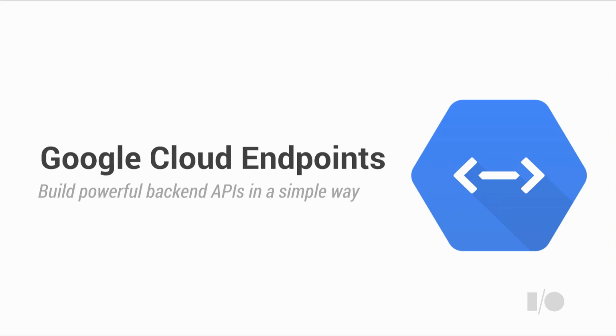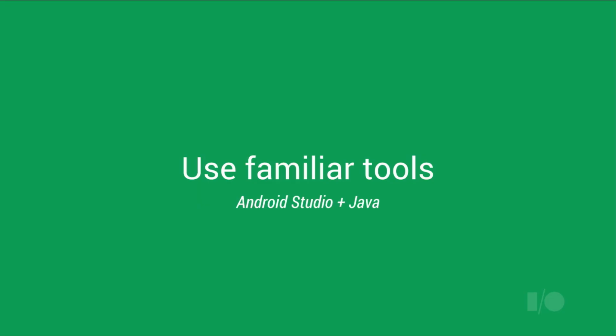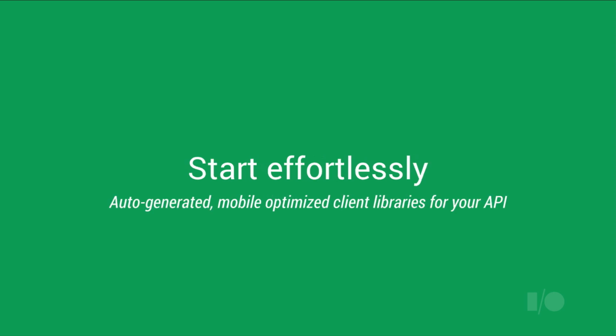Now, the good thing is that a lot of this complexity is handled for you by Google Cloud Endpoints, which allow you to build powerful backend APIs in a very simple way. So you can use familiar tools and skills, like Android Studio and Java, to develop not only your Android apps, but the backends for them as well.